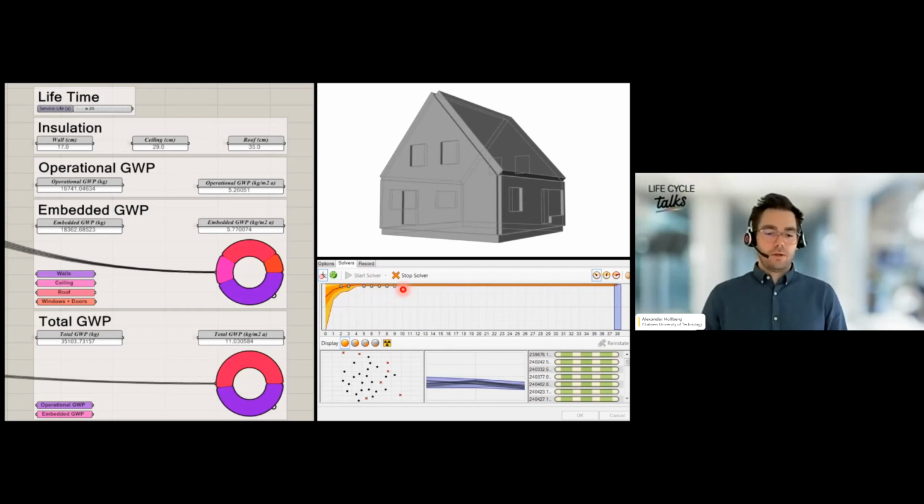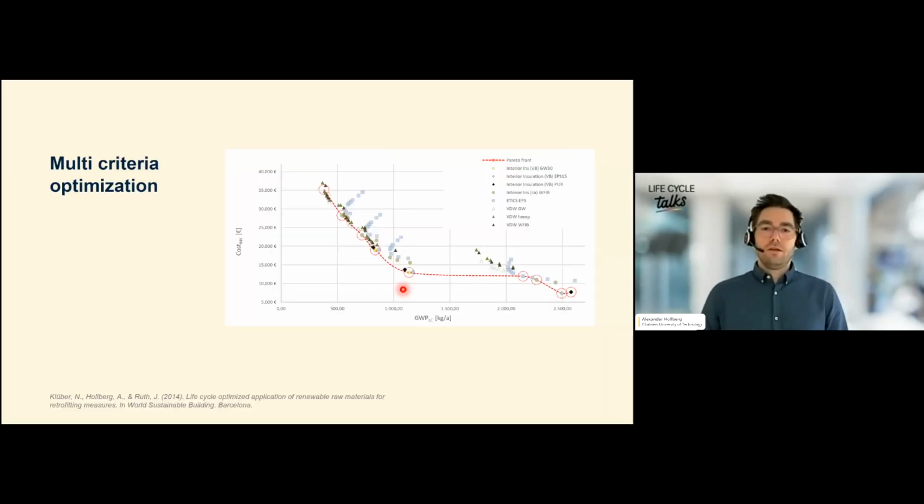Now, if you're the owner, you're probably also interested in cost. So you could also combine this with additional criteria, and then you use a multi-criteria optimization, and for example, plot the results based on investment cost and the life cycle global warming potential.